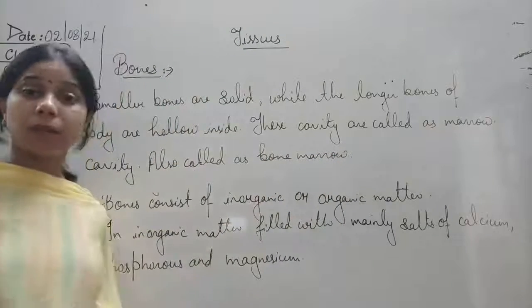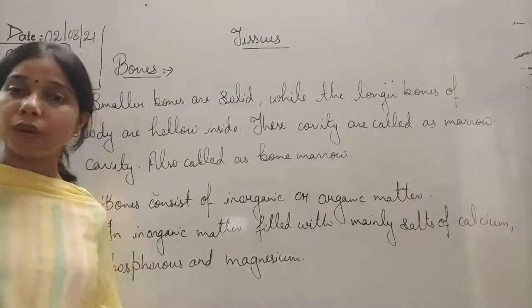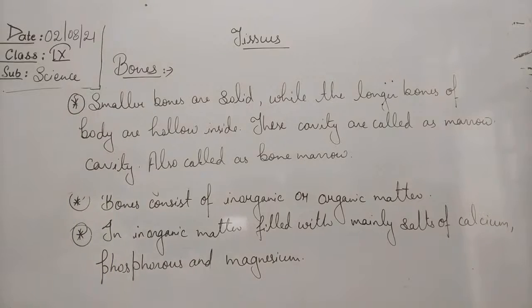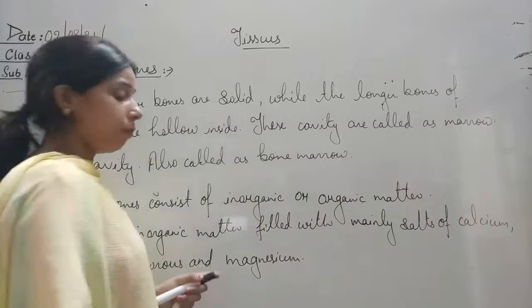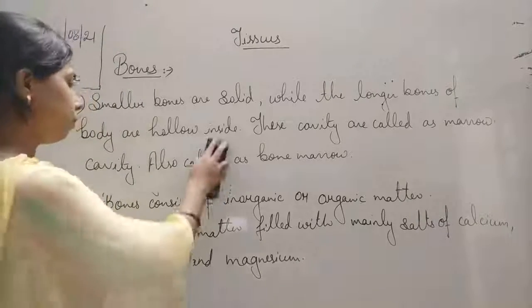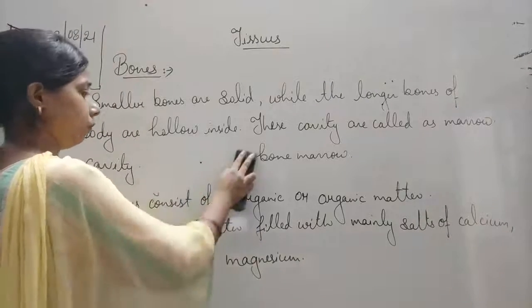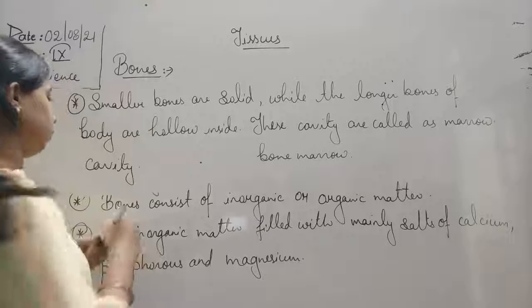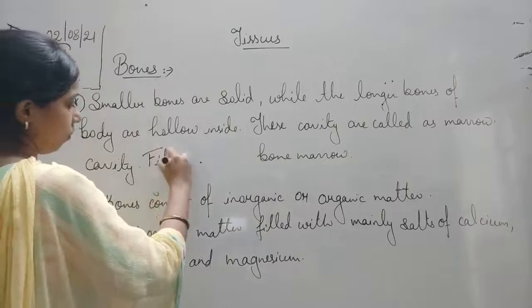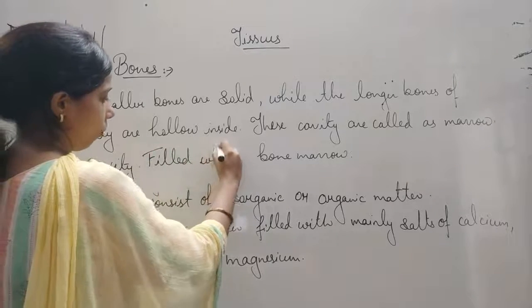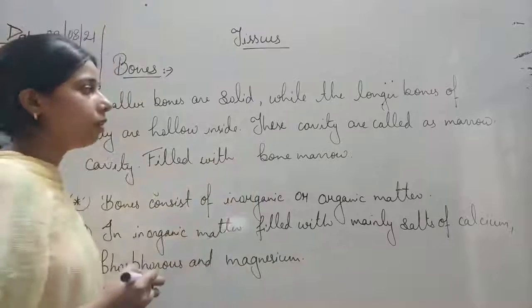You know that the RBCs are actually produced through the bone marrow itself. So it is filled with the bone marrow, we can say.